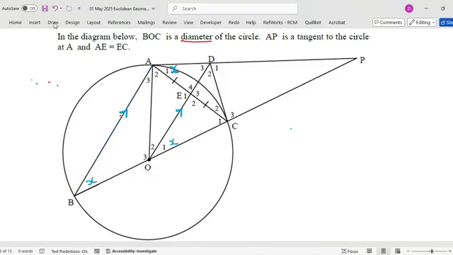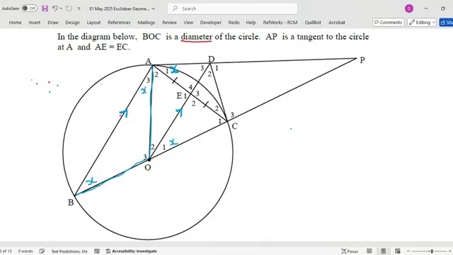Which other angle is equal to x? Anyone? Remember, this is a radius and this is also a radius, and the radii are equal. So if B is x, what about A3?